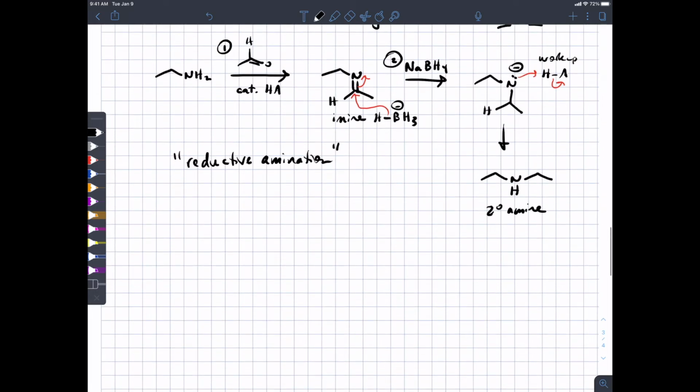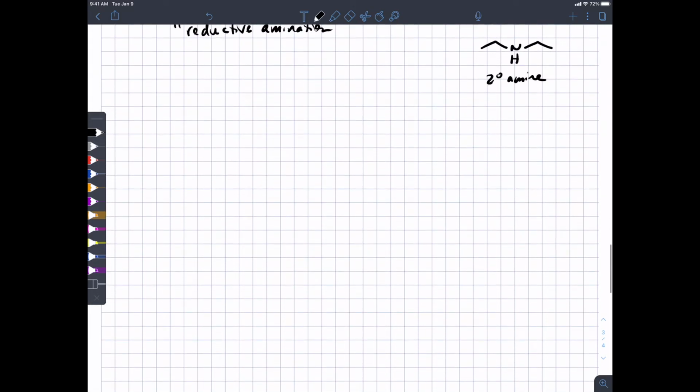Okay. So in the last little bit, I want to just briefly mention what happens when you use a secondary amine in imine formation. So let's use a secondary amine and this ketone, and let's use catalytic acid.